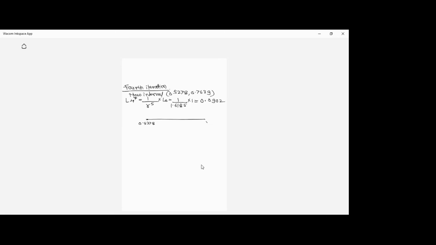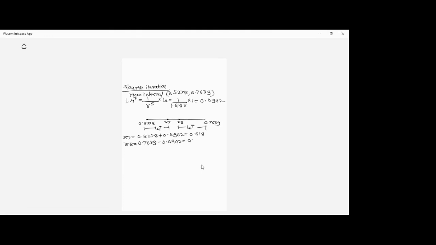So the representation can be given like this: 0.5278, 0.7639. It is the fourth iteration, that means it is x7 and x8. Here we can write L4 star, and this is also your L4 star, right? The value of x7 can be given as 0.5278 plus 0.0902, and this value comes out to be 0.618. X8 can be given as 0.7639 minus 0.0902.